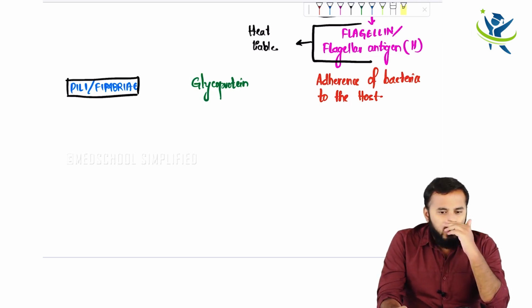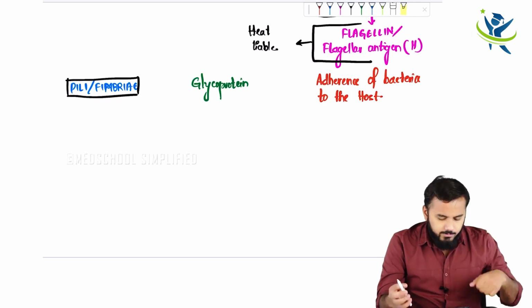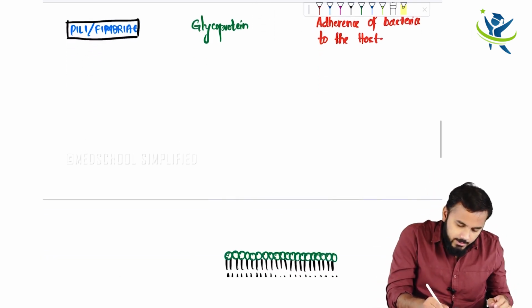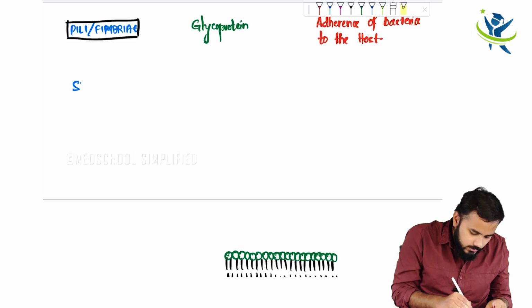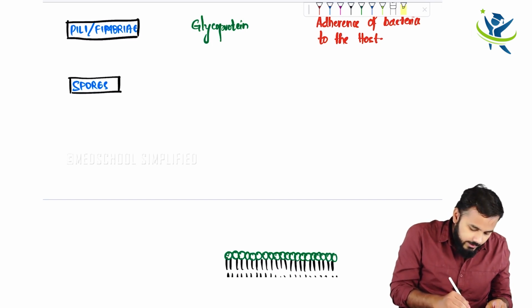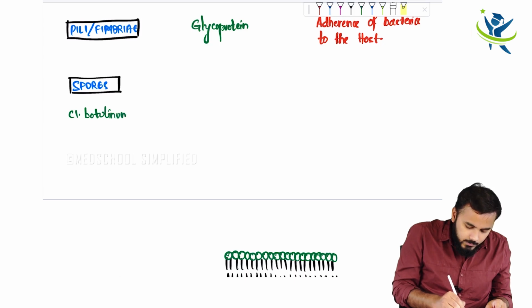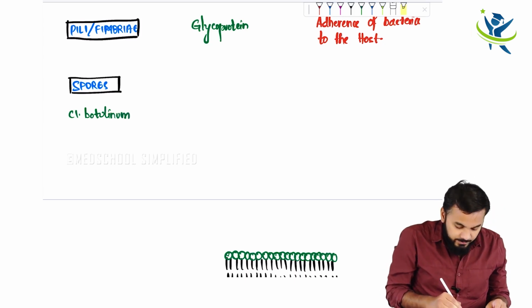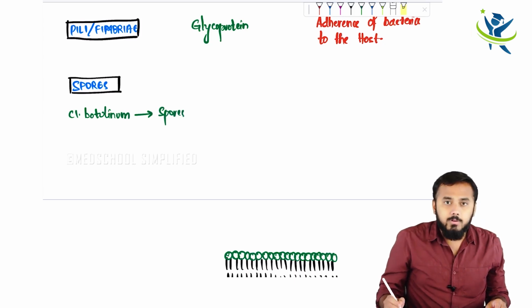Let me put a side heading: spores. Let us take an example of Clostridium botulinum. This Clostridium botulinum releases spores, right?